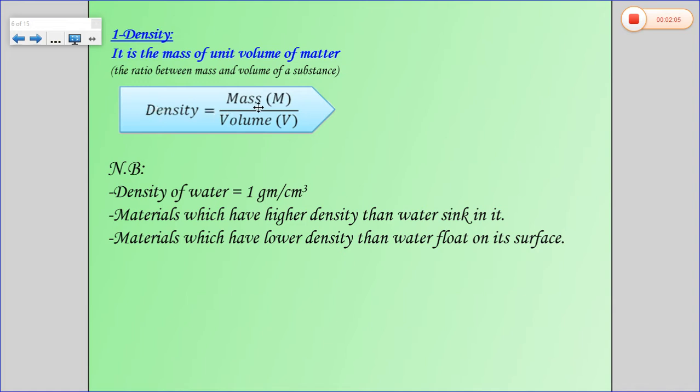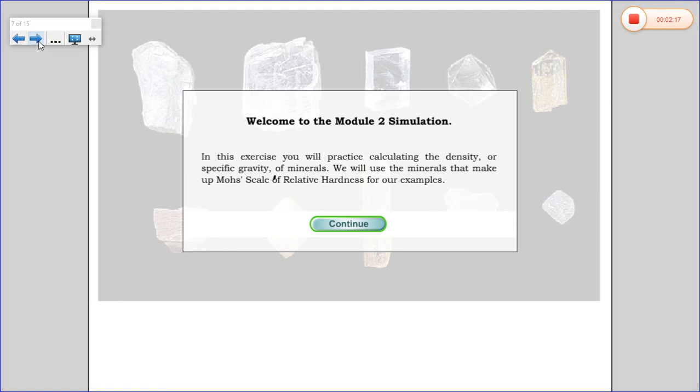Or if we measure the mass by kilogram and volume by meter cube, density will be kilogram per meter cube. Anything that has density lower than water will float in water, and anything that has density higher than water will sink in water. All of you know that.